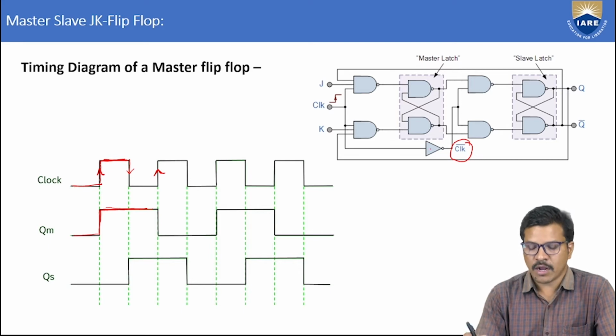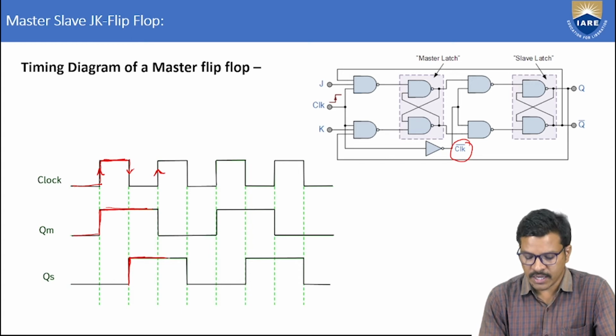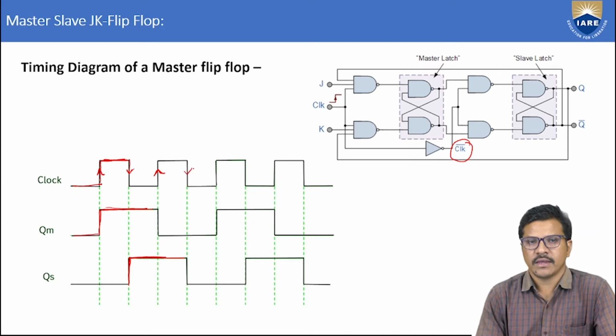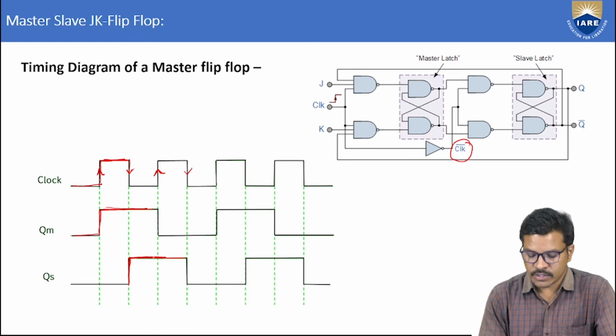Clock bar means complement: when the clock is at the negative edge, its complement is at the positive edge, and then the slave is enabled. At that time Q holds the output 1, until it gets back to the negative edge cycle. So the master holds during this period and the slave holds during this one.